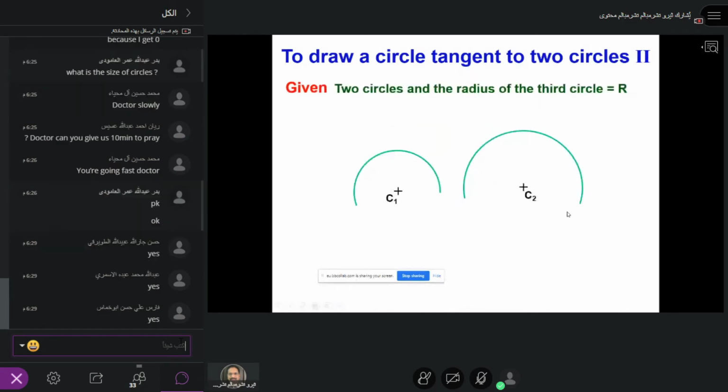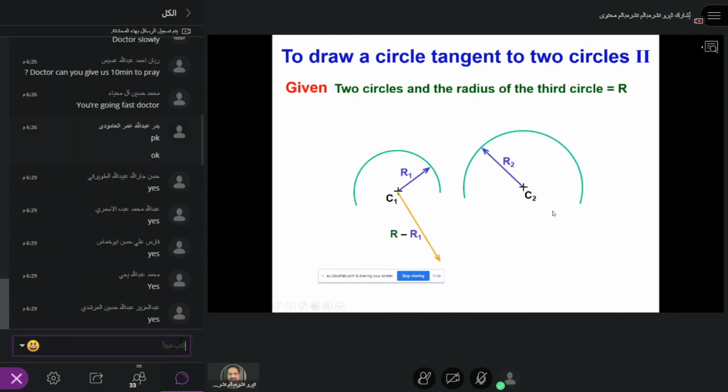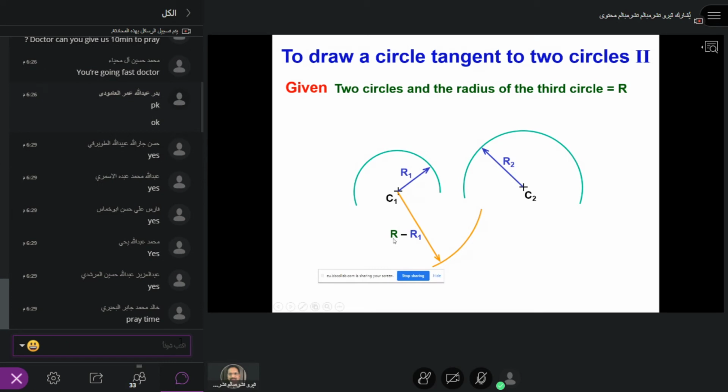Okay, two circles and the radius of the third circle, I repeat: R1, R2, then the radius R will be given. So you subtract R minus R1, you mark the arc here, and you know R and R2, take the other point, and now you draw the tangent by joining C and C1. You know why? Because a tangent must join the center to the tangent point.